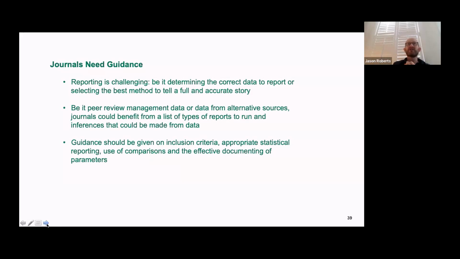And I'm going to make a plea that EASE is a perfect organization to do this, that we start to put out some guidance on reporting on things like what to include, what to exclude, appropriate statistical reporting, when and how to use comparisons, and the effective documenting of the parameters, the things that you included and excluded. I think if we can do that, we can achieve a lot more with the journals that we have.